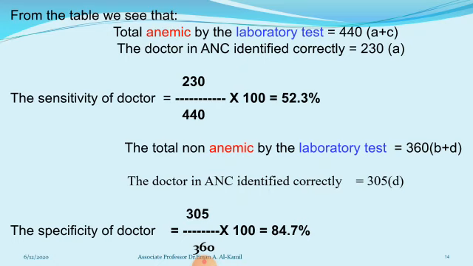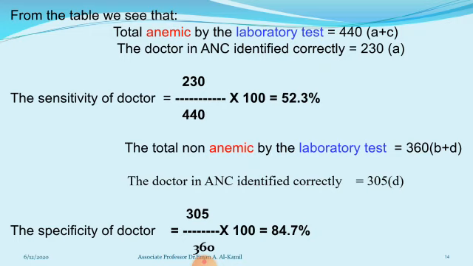This means when the sensitivity is 52%, the doctor is able to diagnose only 52% of anemia cases among pregnant women who have anemia.